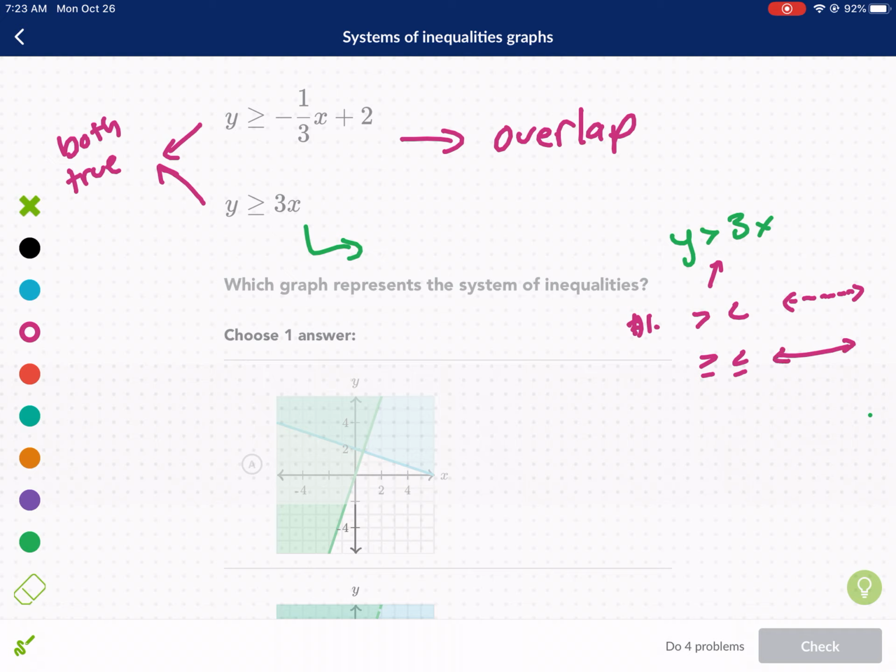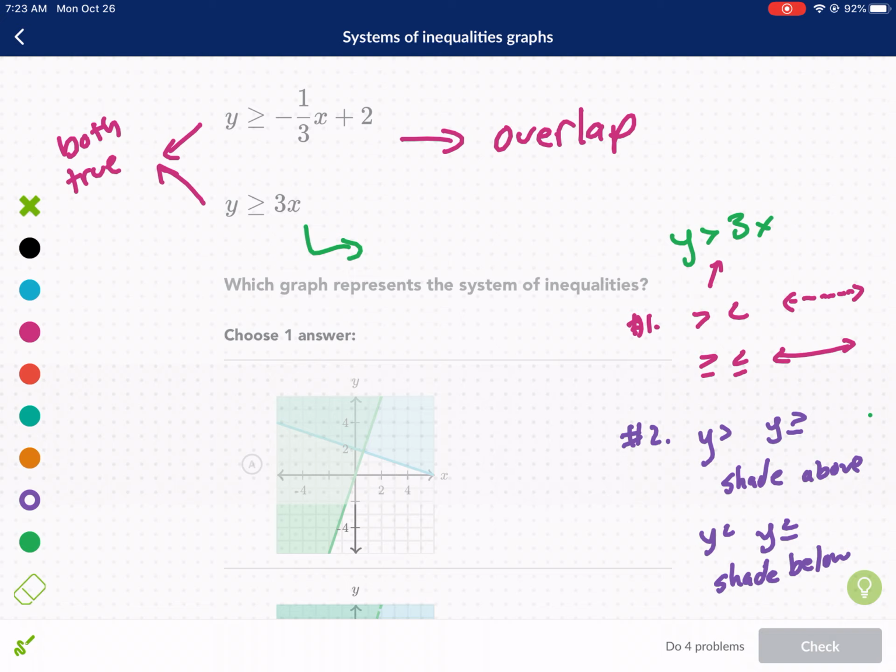The second thing we need to consider is where is y in relation to the inequality. If it's y is greater than or y is greater than or equal to, so think y is bigger, we're going to shade above the line. If it's y is less than or y is less than or equal to, of course we're going to shade below the line.